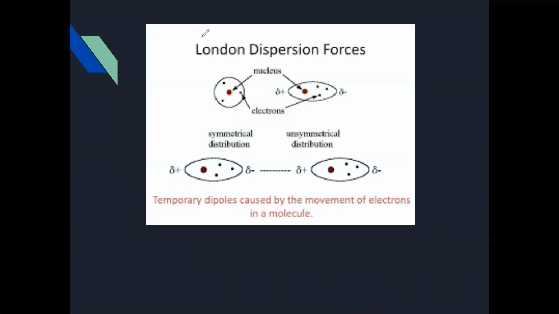So here's a slightly better drawing than the one that I just did. Let me just break down this drawing real quick. The nucleus of an atom contains protons and neutrons. Protons have a positive charge, so I'm going to draw a big plus here, and a big plus here.